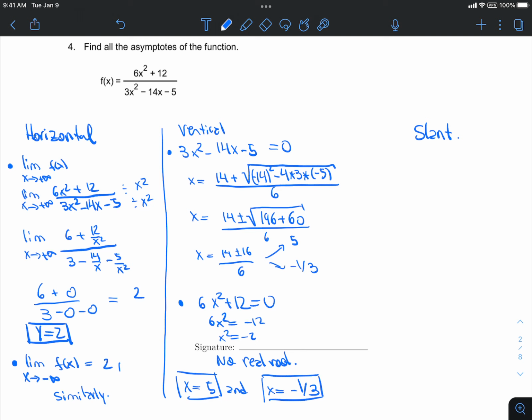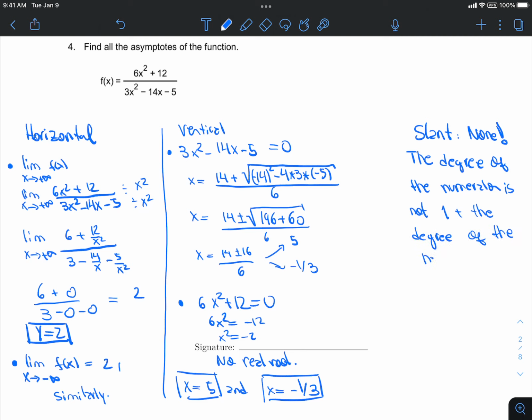For slant asymptotes, there are none, and that's because you need the degree of the numerator to be 1 plus the degree of the denominator.